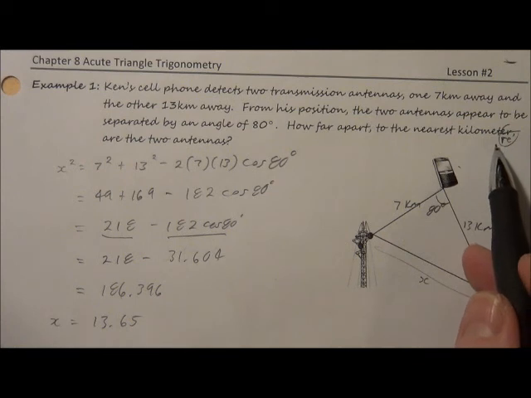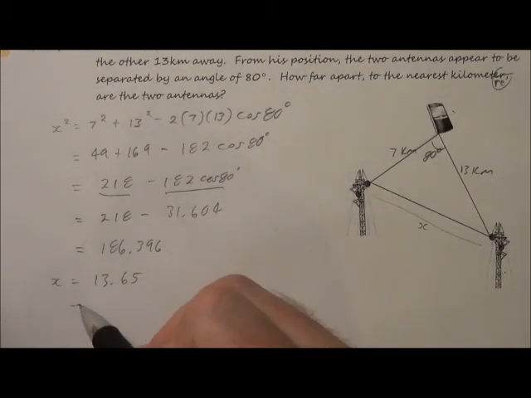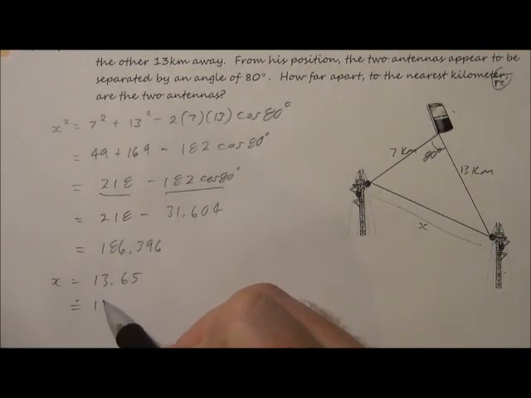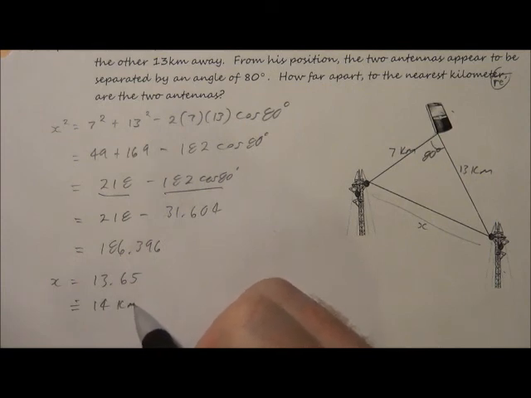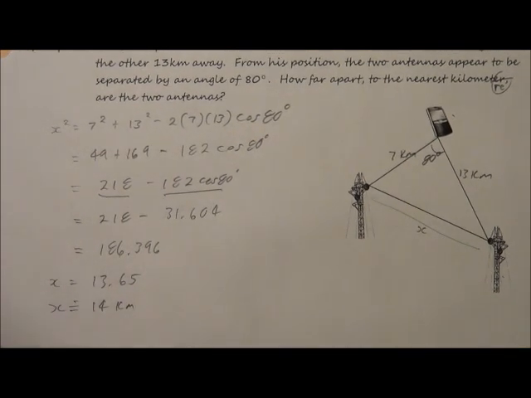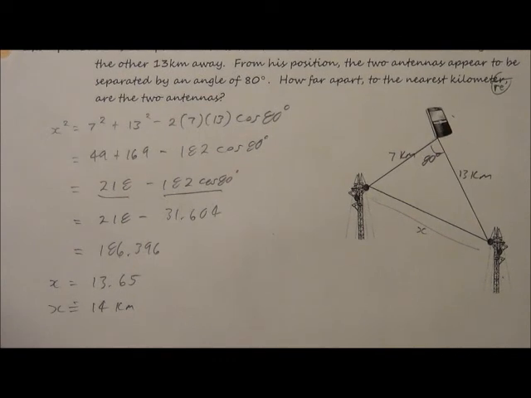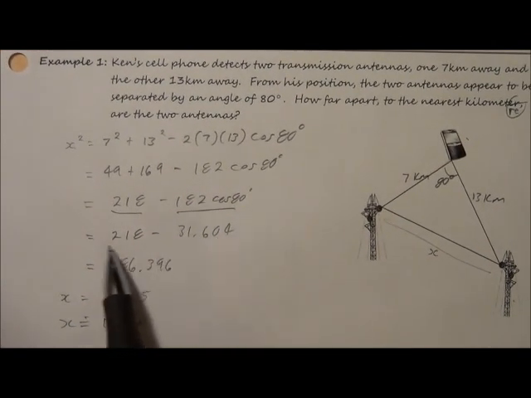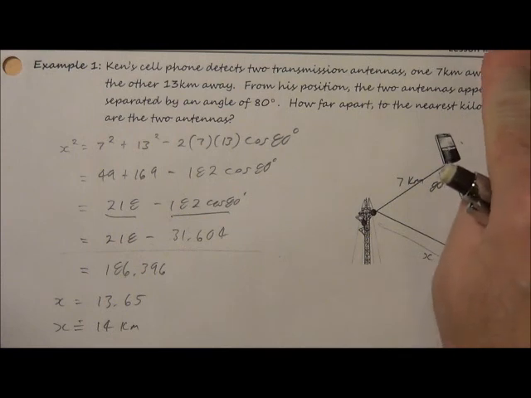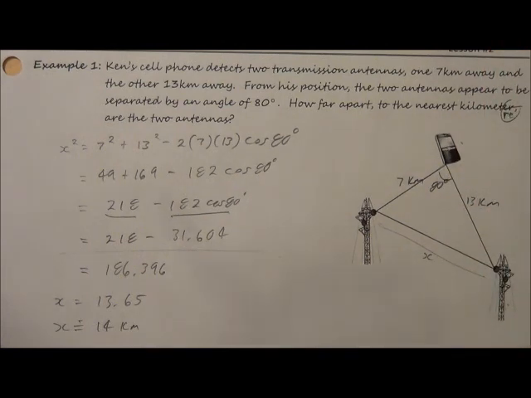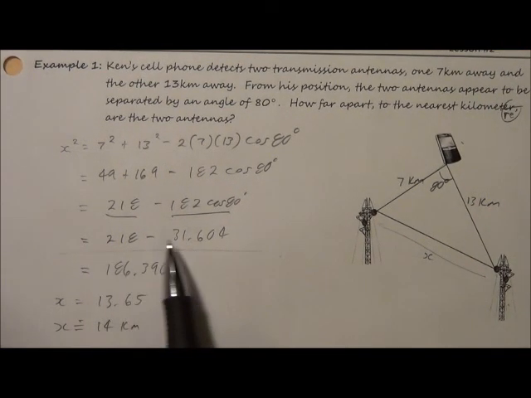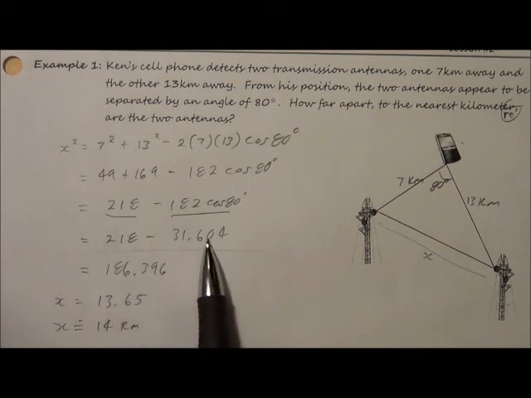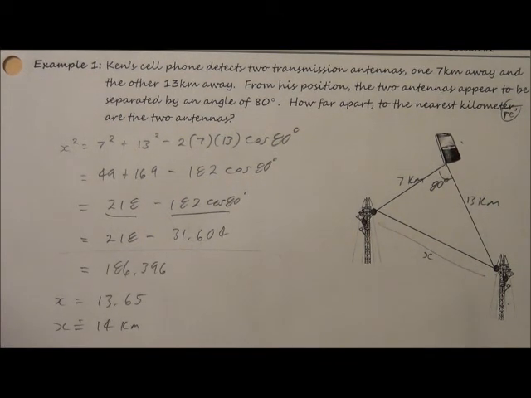And it's to the nearest kilometer, so I'd say 14 kilometers, approximately. Okay, so it's always important, just like when I made that mistake, to look at the reasonableness of your answer to make sure that it'll actually work out correctly.